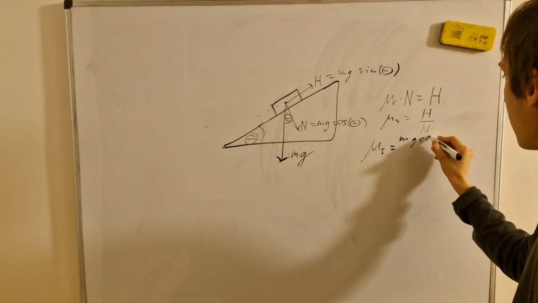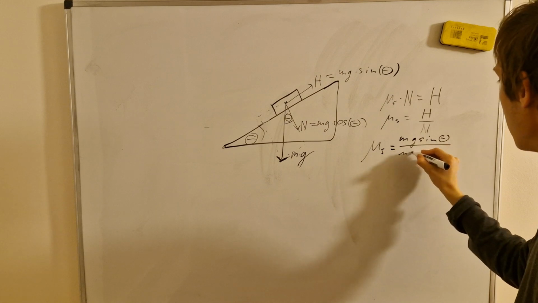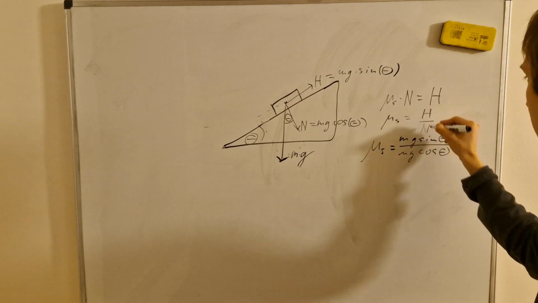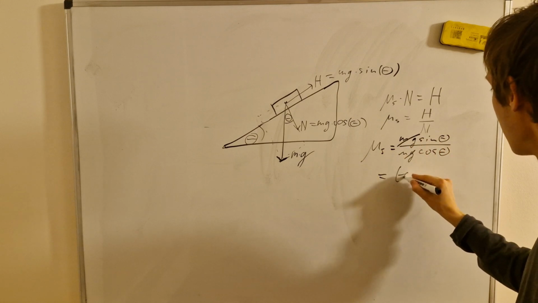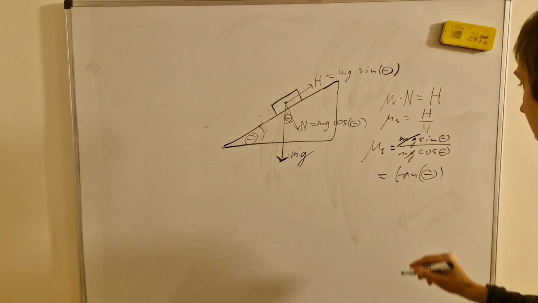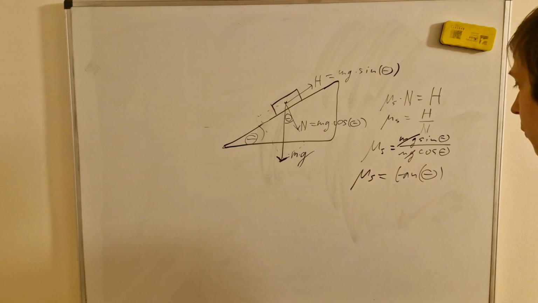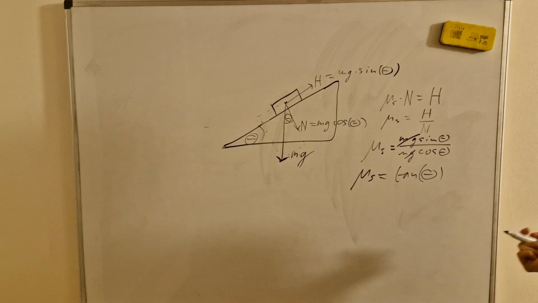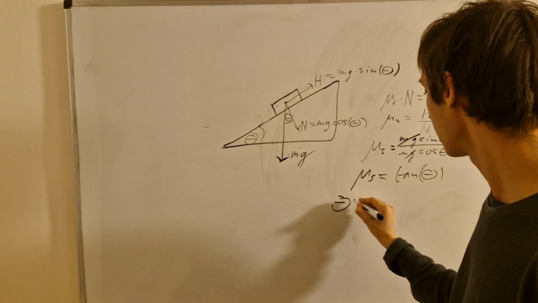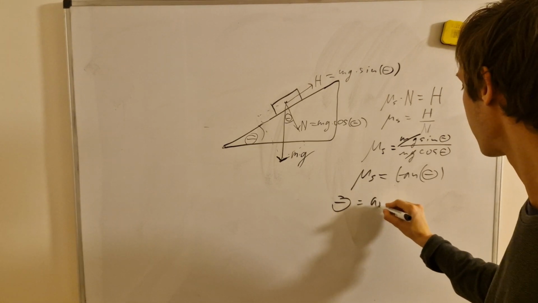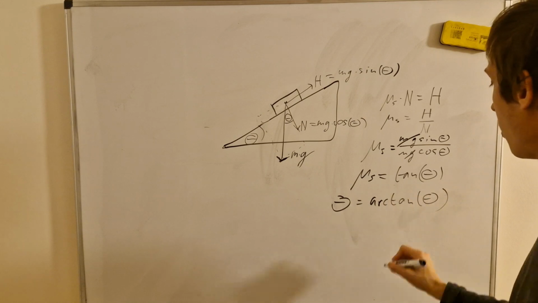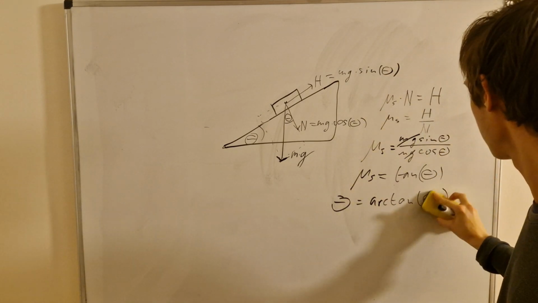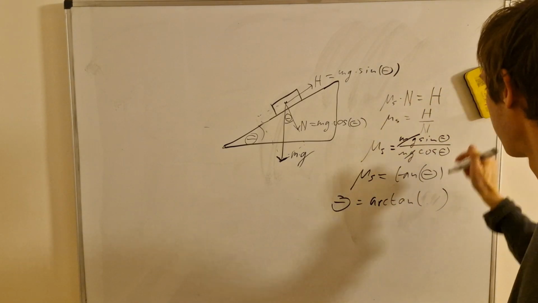So it's mg sine theta over mg cosine theta, substituting for H and N, and that ends up being the tangent of theta. So in the end, we again get that the static coefficient of friction is tangent of theta. And again, from this, theta will be the arc tangent, could write arc tangent also like this, of the static coefficient of friction.